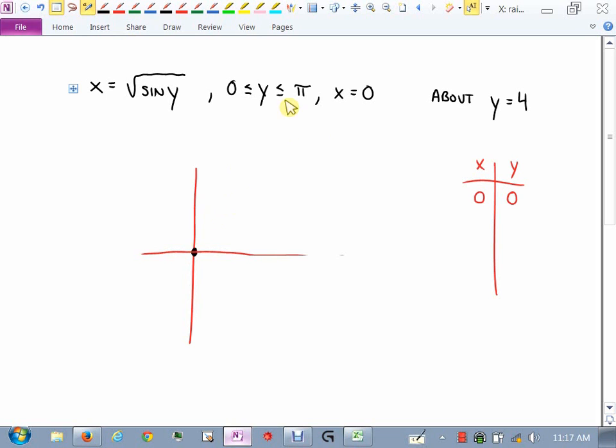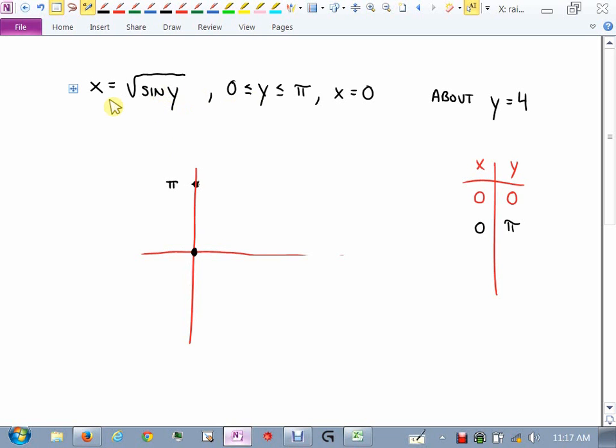Now let's try another point. How about the other end point? Plug in pi. What's sine of pi? 0 again, right? So if I plug in pi over here for y, I get 0 again. So up here at pi, I'm at 0. And now try something maybe in the middle, like pi over 2. We plug pi over 2 in here. Sine of pi over 2 is 1.